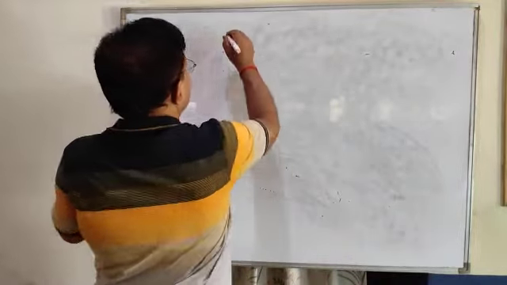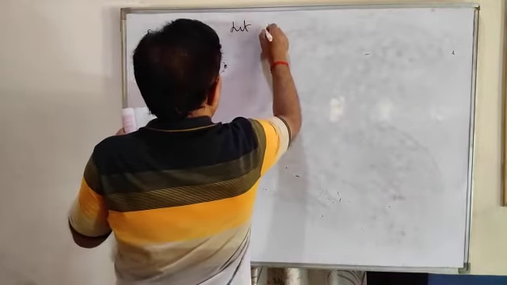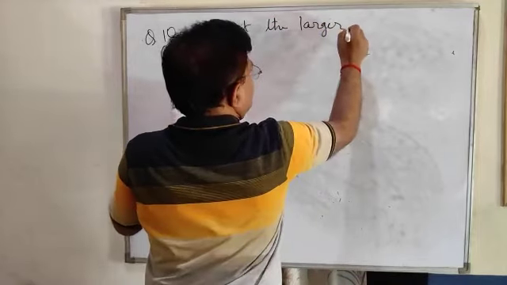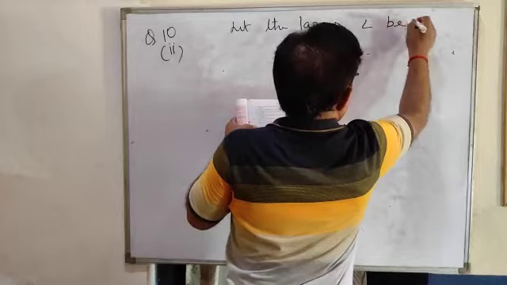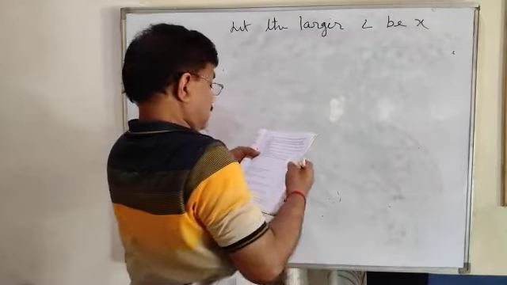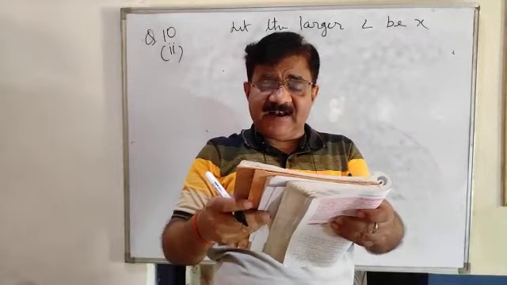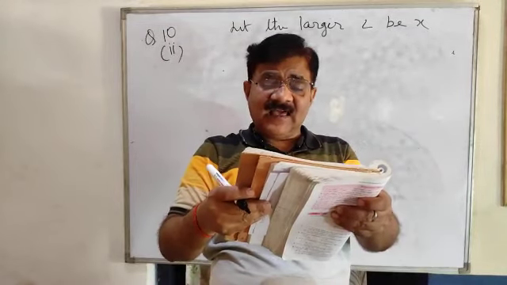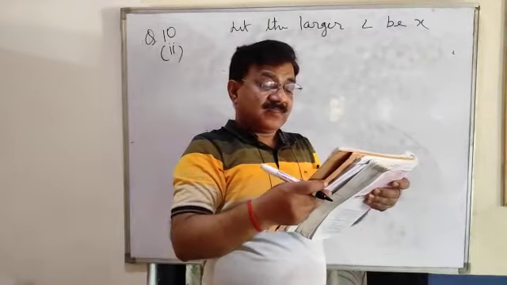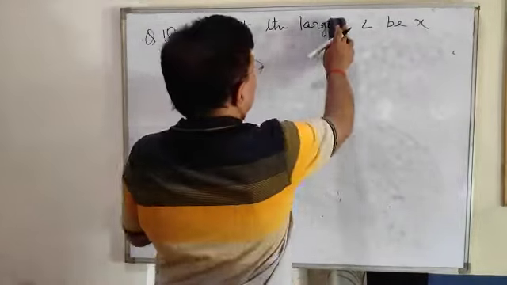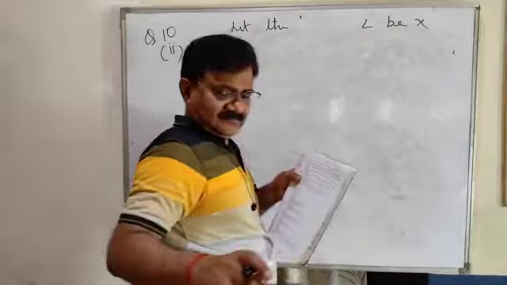Let the larger angle be x. Therefore, two angles, if the larger one is 50 degrees less than 3 times the smaller one. Don't take larger, take the smaller one.